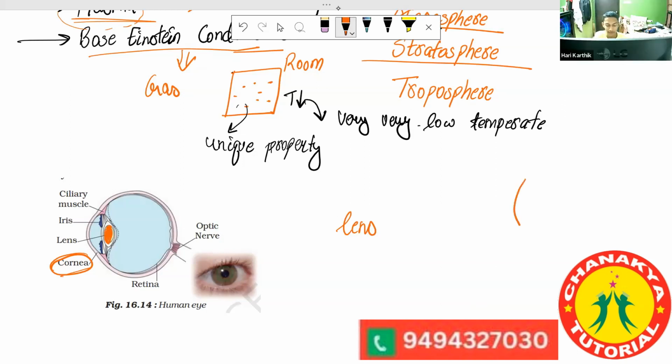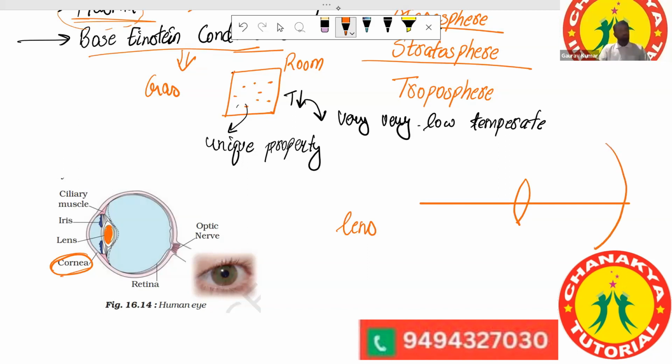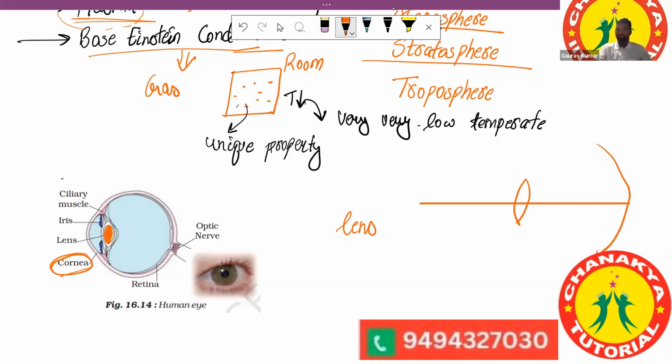Light is scattered in all directions. If our retina takes it directly, the image is just blur. So we need a lens to focus light. Correct. Let's say this is your retina.